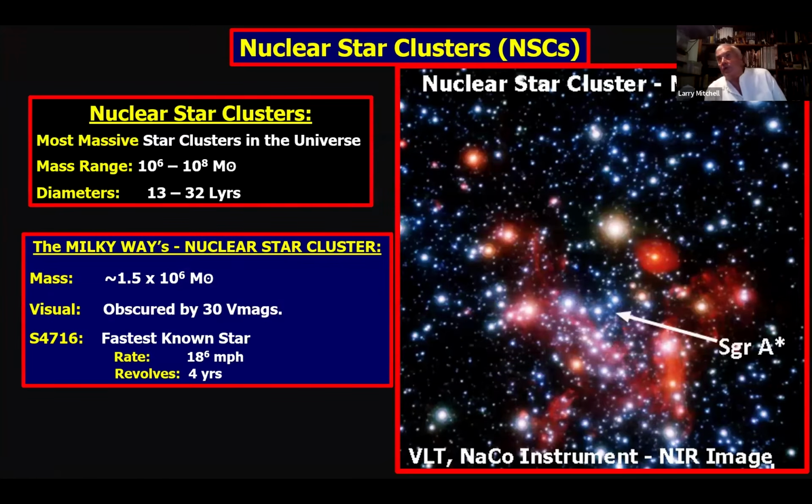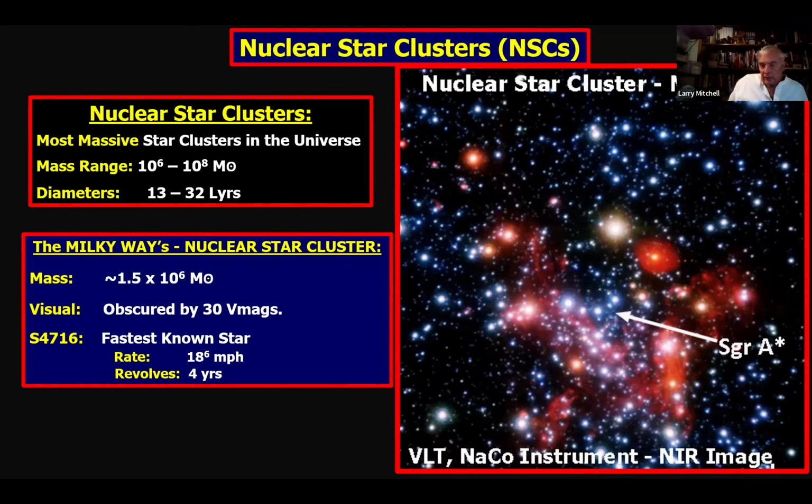So nuclear star clusters, these are the most massive star clusters in the universe. They typically have a mass range from 1 million to 100 million solar masses, which is incredibly large. Diameters up to about 32 light years.